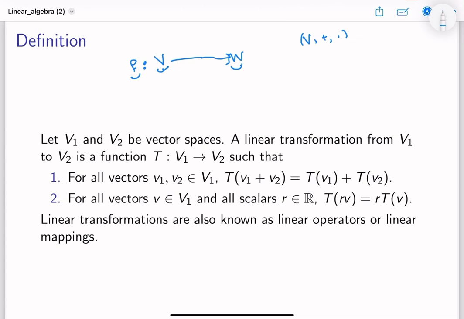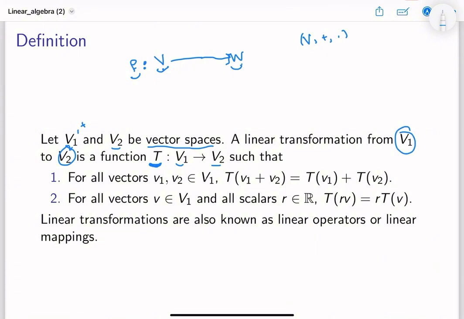So let's say we have two vector spaces, V1 and V2, right? So we're starting with two vector spaces. Now, a linear transformation from V1 to V2 is defined to be a function. Well, it's a function between the sets to start with, because V1 is a set with two operations.